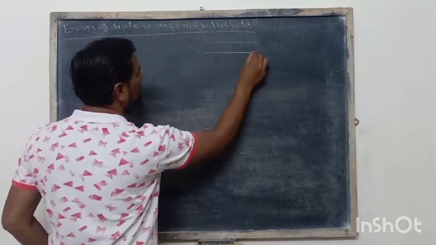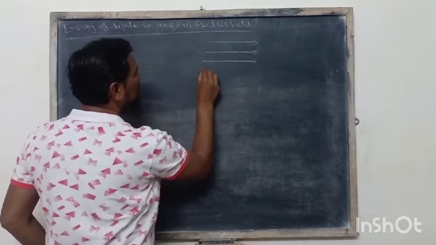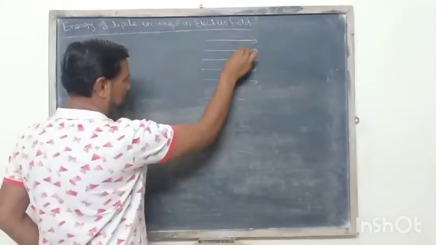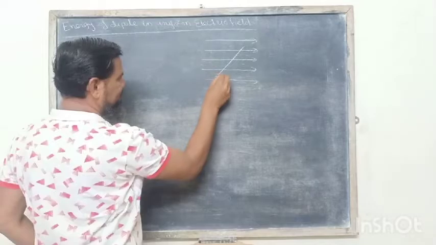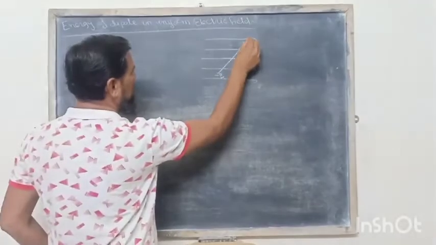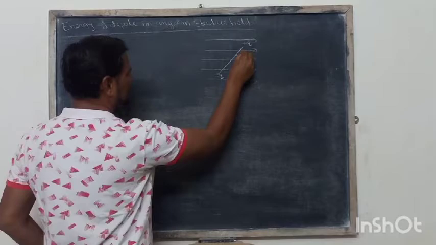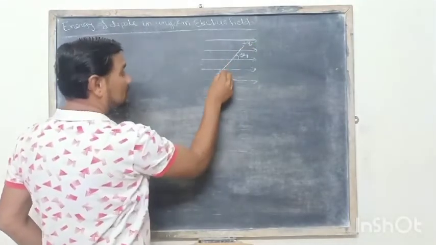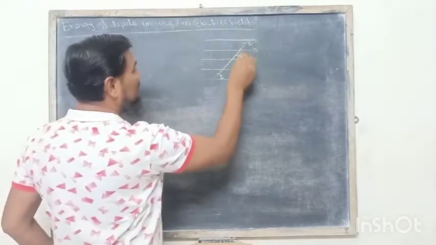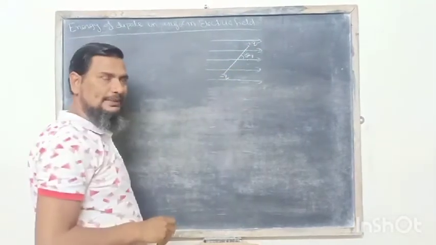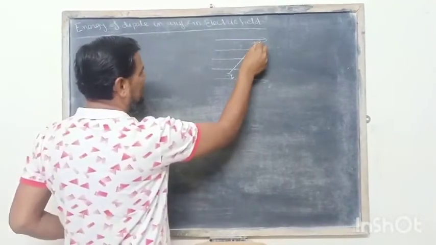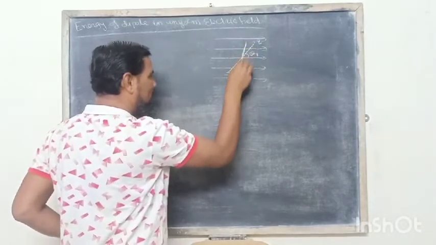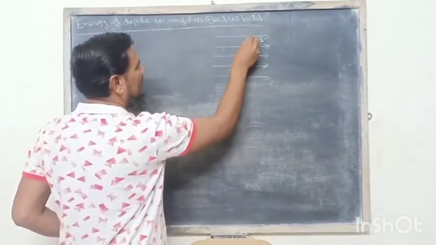This is a uniform electric field and the position of the dipole is this, minus q, plus q, and this angle is theta 1. Now the dipole is rotated in the electric field. Both charges experience a force, and when this dipole is rotated, we have to do a certain work against the torque.